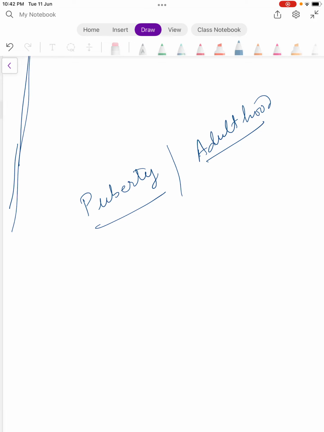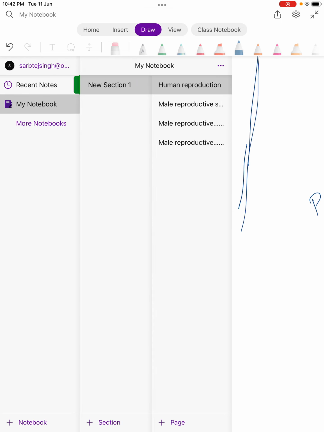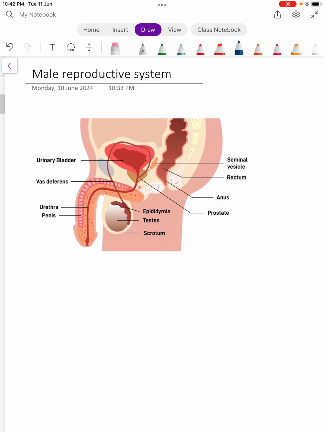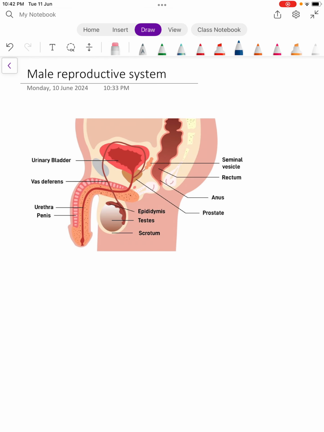Okay. The next thing, which is very important from the examination point of view, is the reproductive system in males. In males, it is a system of primary sex organs, accessory ducts and glands, and external genitalia, which is specialized in production, storage and nourishment of the sperms.